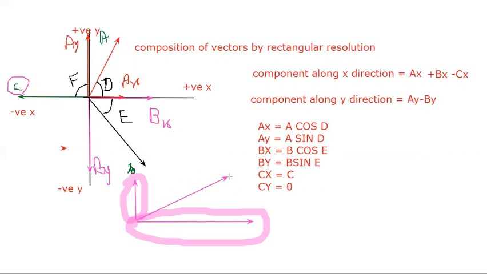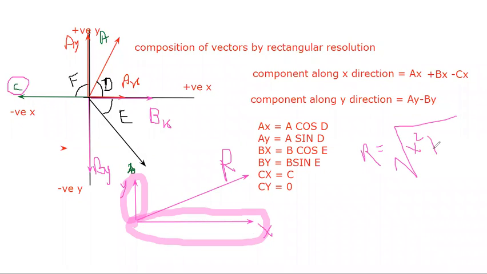This is the resultant R. If this is x and this is y, R will be the square root of x square plus y square.